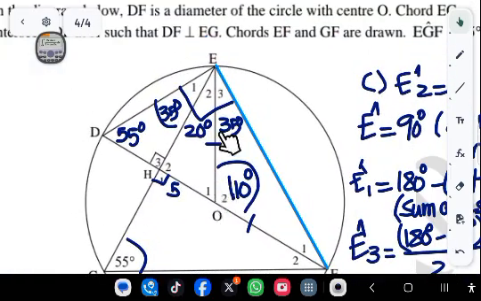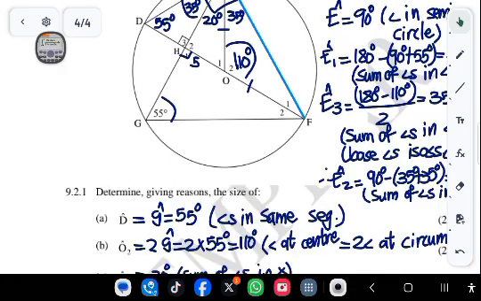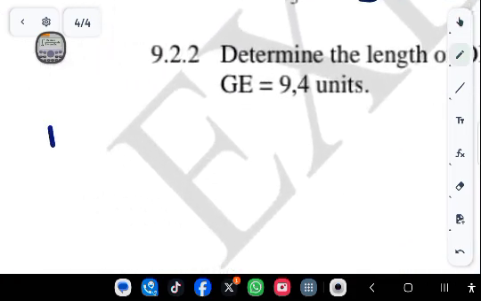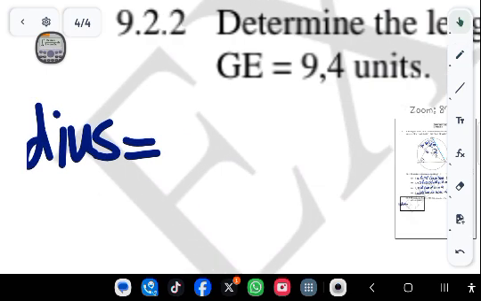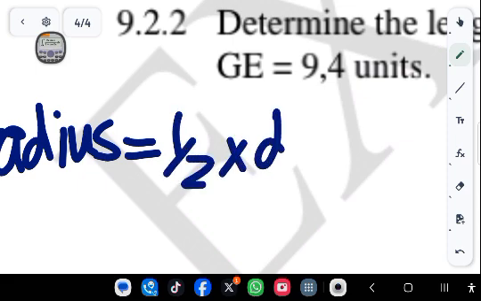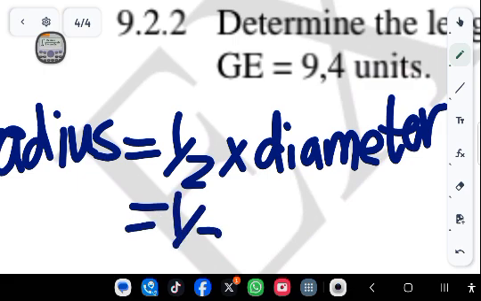The radius, which is DO, will be equal to EO, equal radii. The radius is half times the diameter, which is half times 10, which is 5 units.